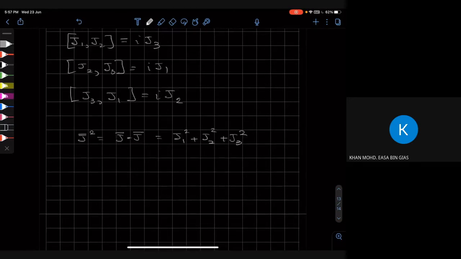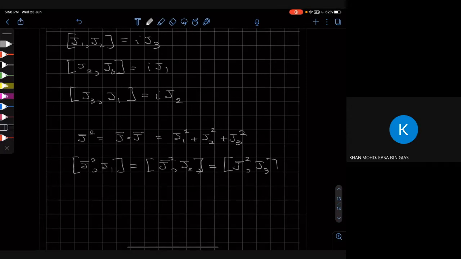And it's a simple exercise to show, and you have to show this by yourself, that J squared commutes with all the J's: J1, J2, J3.